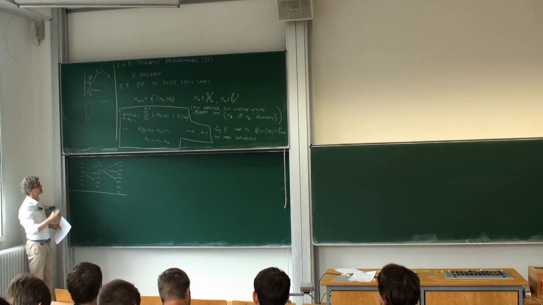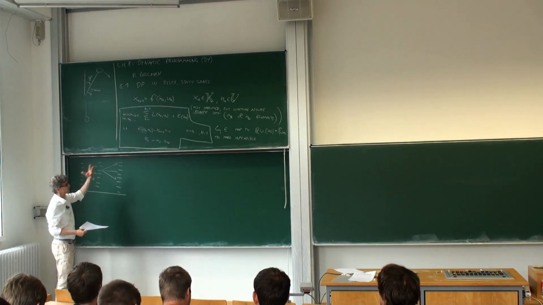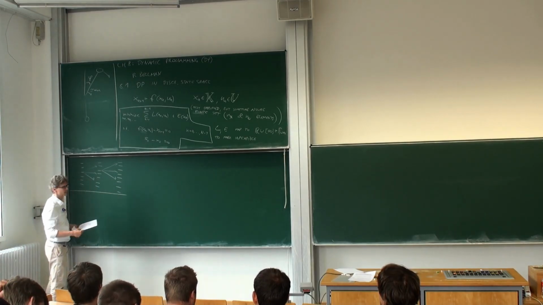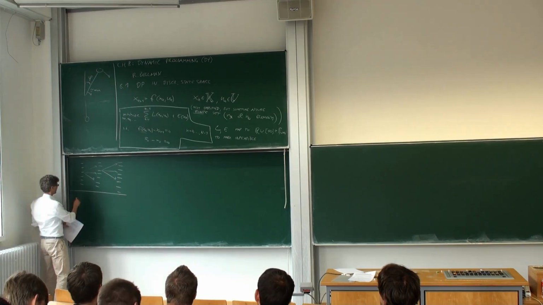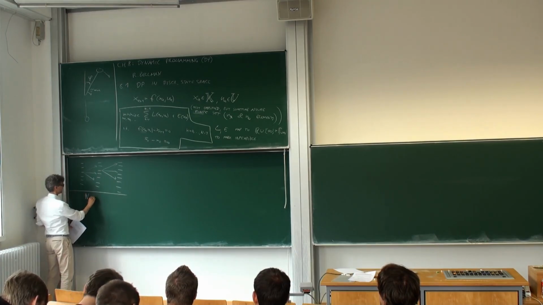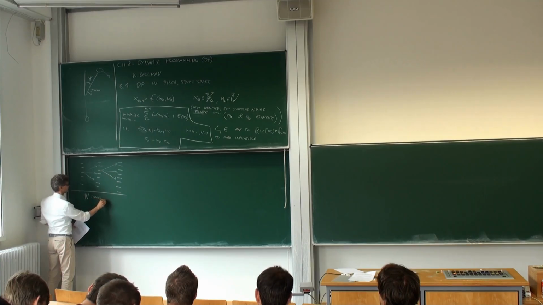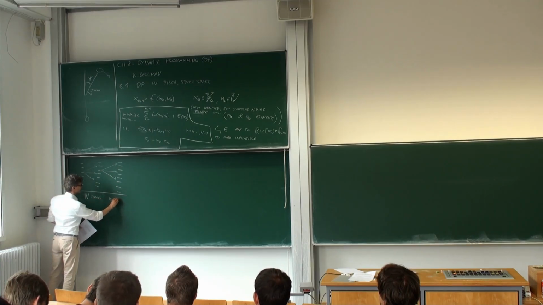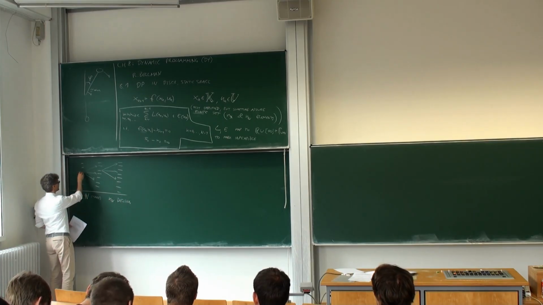Imagine you eliminate your system dynamics. You can evaluate your cost. It will only be a function of your controls. So the vector of all controls will have how many possibilities? You will have n stages, right? N stages. And on each of them you have nu decisions to take. So these are the decisions. The initial value is fixed, I should say, so there is no choice here.